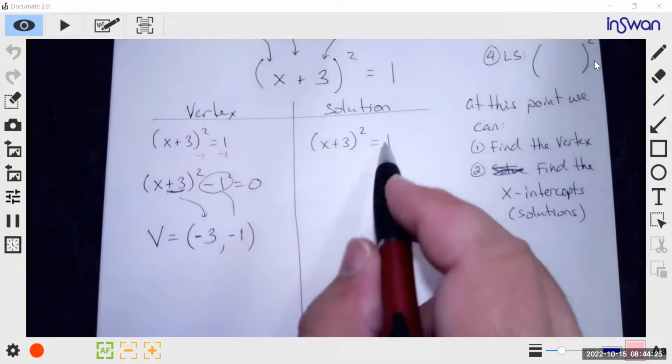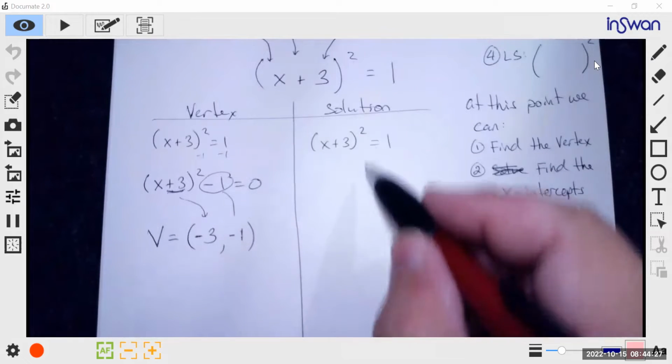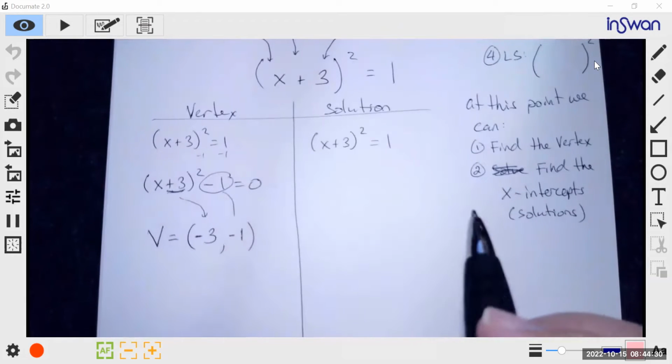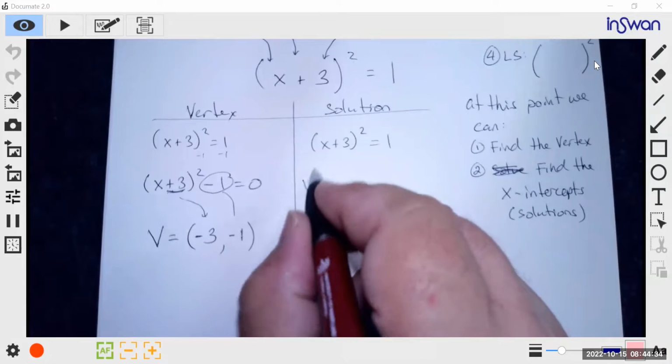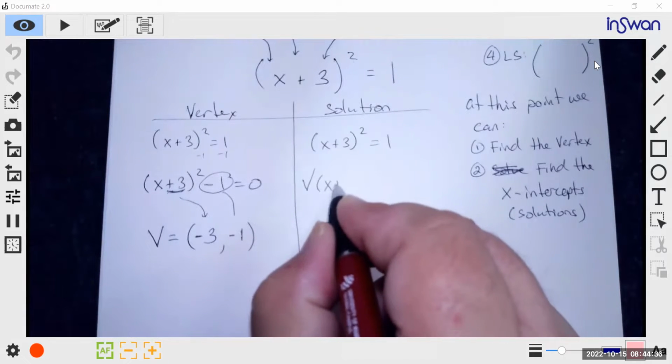All right, now if we're solving it, then we go on further, because when you solve it, you want to get x by itself. So what you have to do here is square root both sides to get rid of the square.